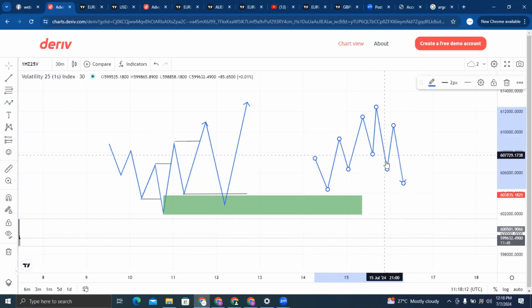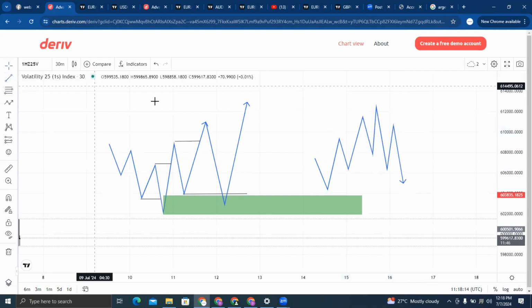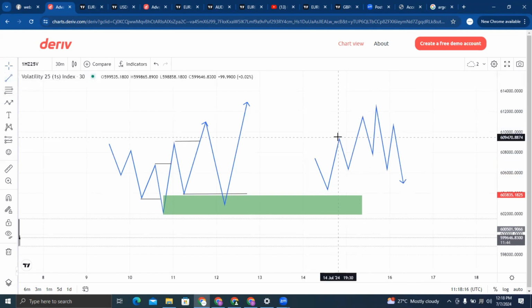This shows me that price is about to change direction.